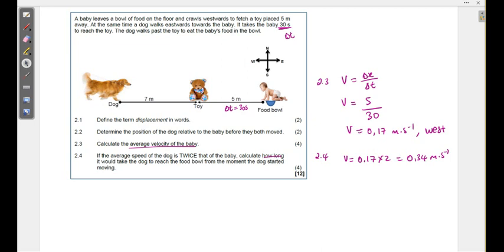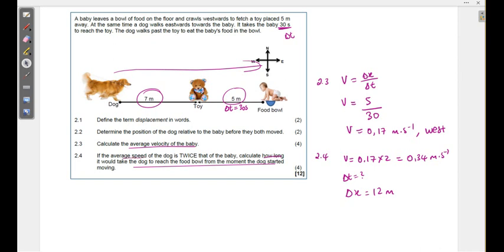Now they're saying calculate how long. If they want how long, it means they're looking for change in time. And then they say it would take the dog to reach the food bowl from the moment the dog started moving. So now the food bowl is around 12 meters away from the dog. So our change in x is going to be 12, and it's distance because now we are talking about speed, right?